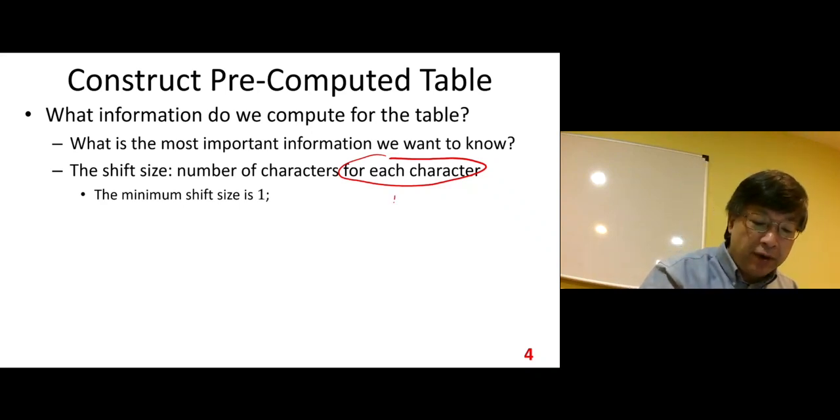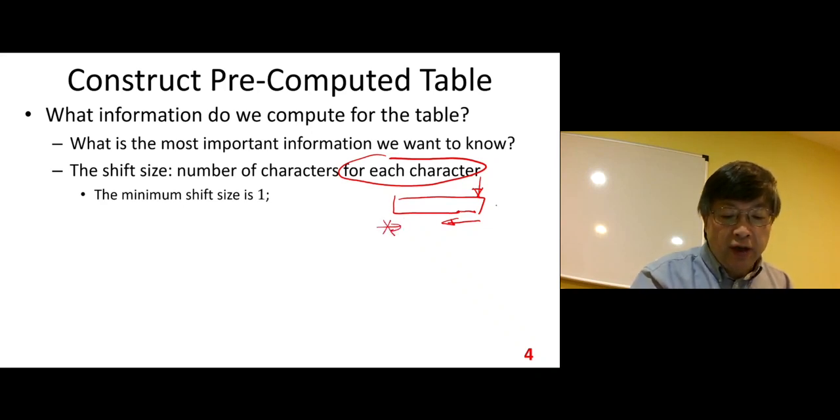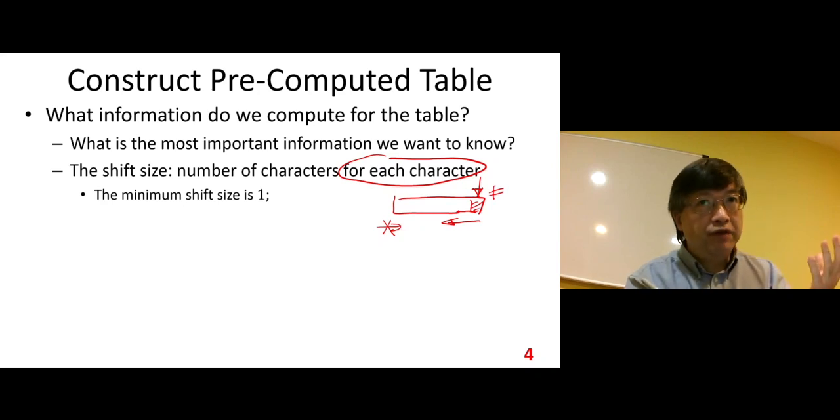Suppose this is the pattern. We try to match starting from the right, comparing in this direction, not left to right but right to left, the first character. If it is different, that means we need to shift.